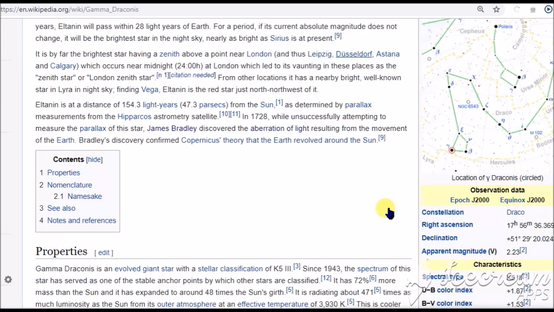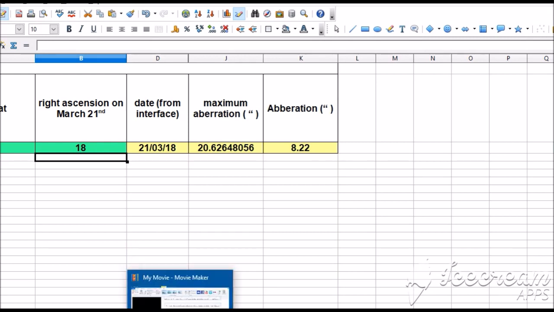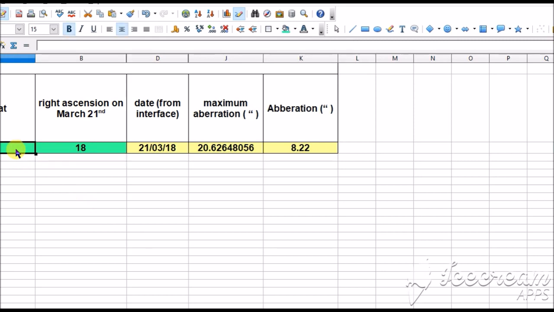So this is Gamma Draconis. So the right ascension is 17 hours 56 minutes. So we can call that 18. Here 18. And the star latitude, or elevation, declination is 51, almost 0.5, 51.5.